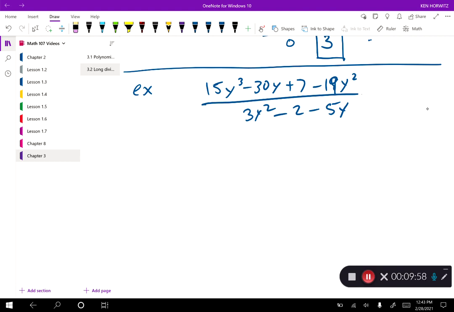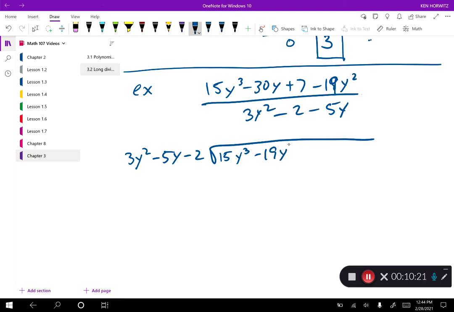Now, when I rewrite it, I want you to notice I'm going to put it in descending order of exponent. 3y squared minus 5y minus 2. And on the inside of my division symbol, I'm going to have 15y cubed minus 19y squared minus 30y plus 7.